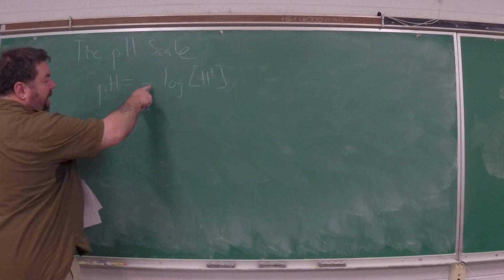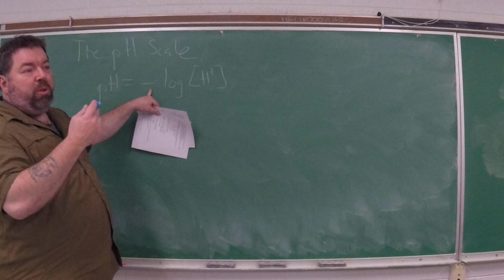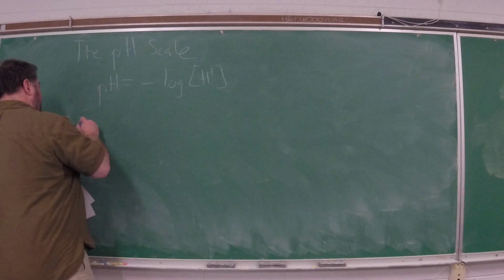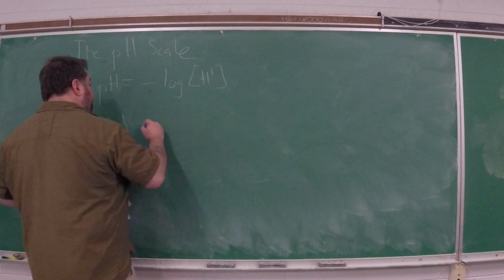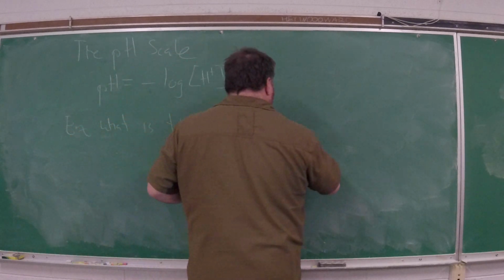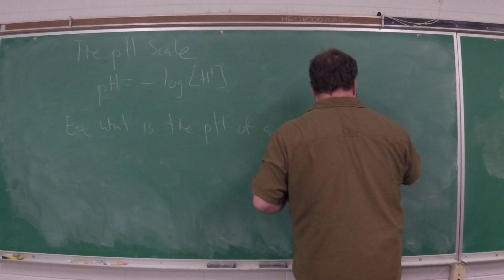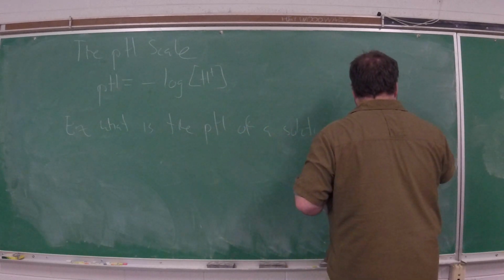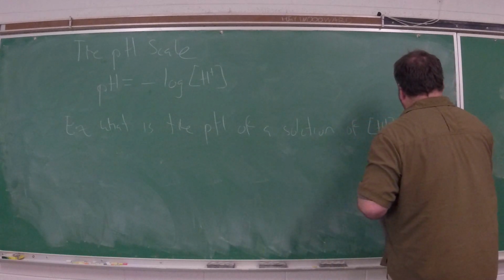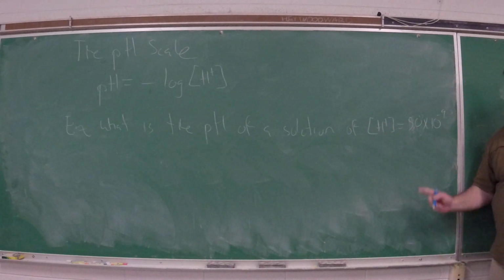Let's take a look at why do we have this negative number here? We have the negative because we don't want a negative number. So for example, let's take the example earlier. What is the pH of a solution with H plus of 5.0 times 10 to the minus 9, that's what we had before, right?